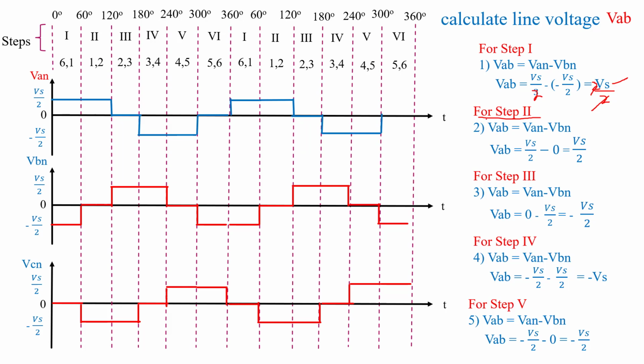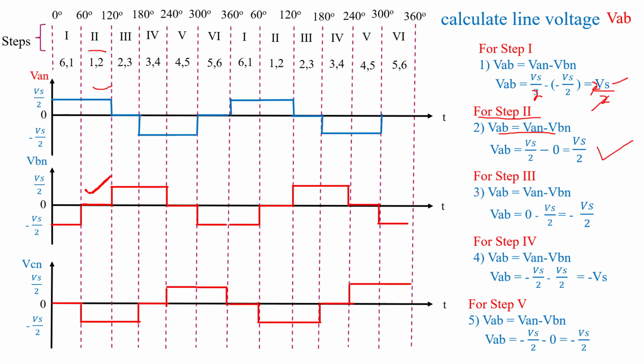Same for step 2. VAB equals VAN minus VBN. See in the waveform for step 2, VAN is Vs by 2 and VBN is 0 this time. Putting both values in the calculation, VAN is Vs by 2, VBN is 0, so VAB equals Vs by 2.